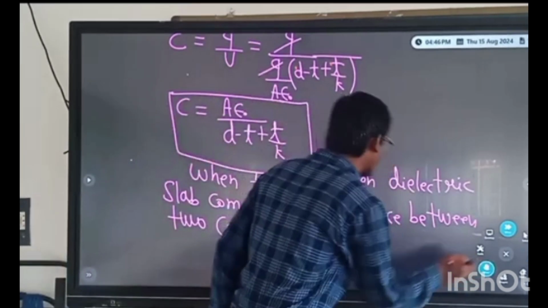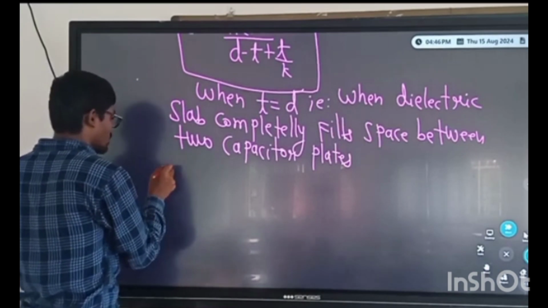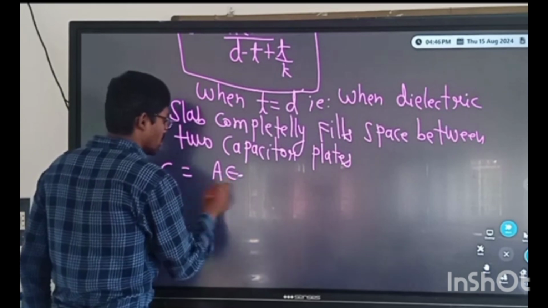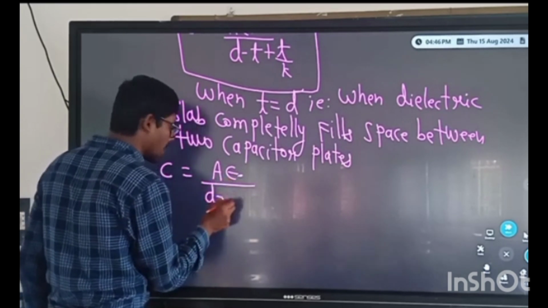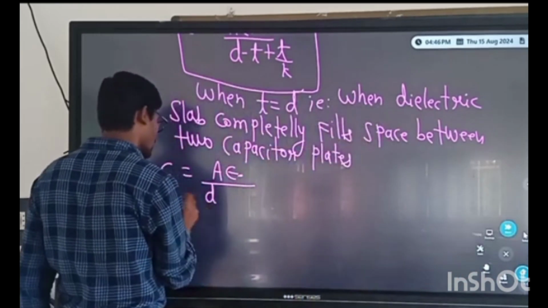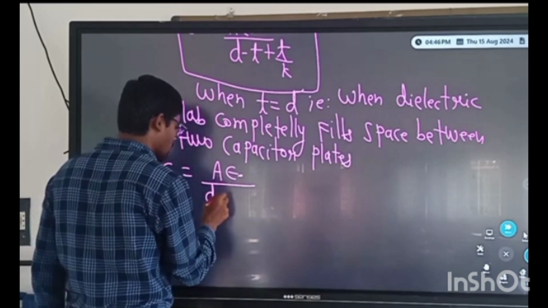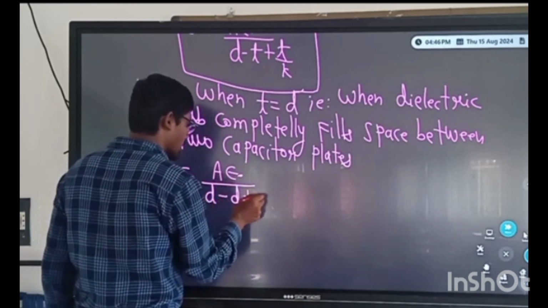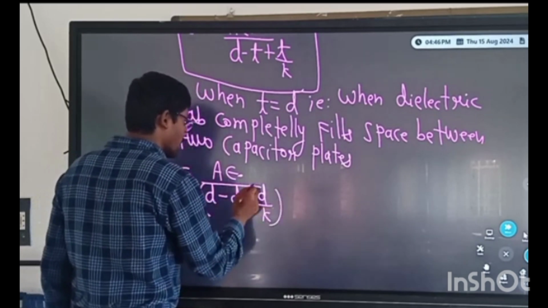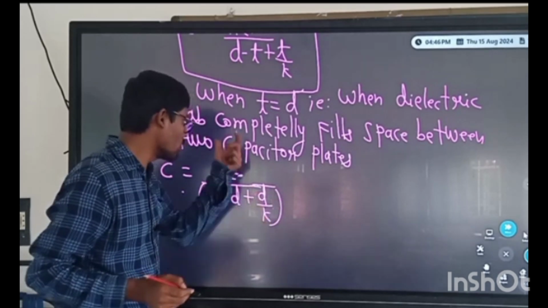So C is equal to A epsilon naught divided by (D minus T plus T by K). T is D here, so D minus D plus D by K. D minus D is 0, and this is D by K, so K goes up.